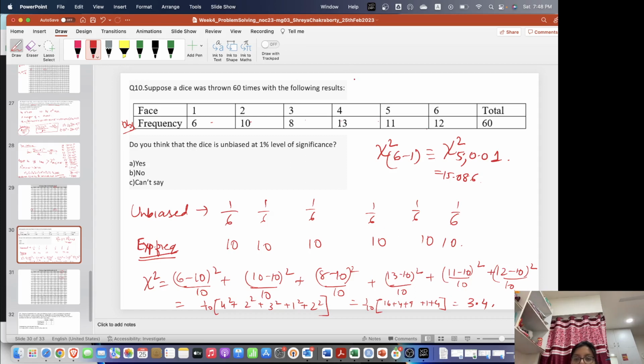And the rule is we'll reject H naught if and only if observed chi-square is greater than chi-square 5, 0.01. But here it is less, so H naught was that the dice is unbiased. So we fail to reject H naught and conclude that yes, it is unbiased.